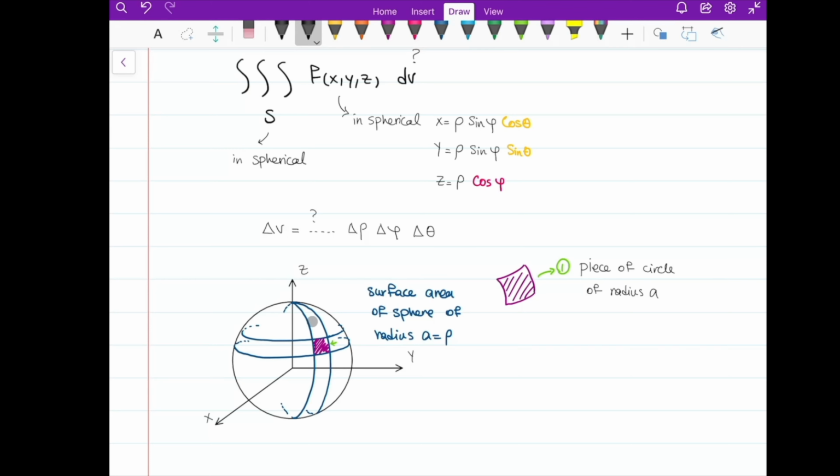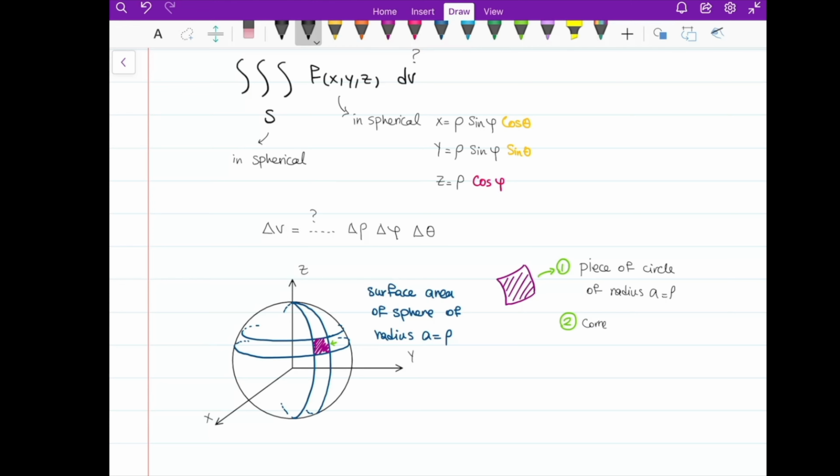It's just because it's a full circle. So it's a piece of a circle of radius rho, which is rho equals a, and the corresponding angle is what?